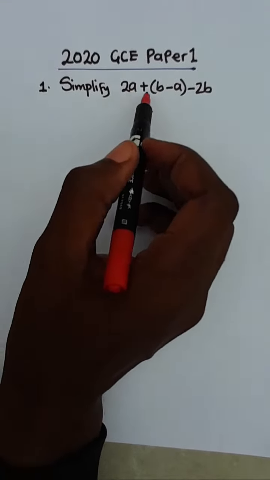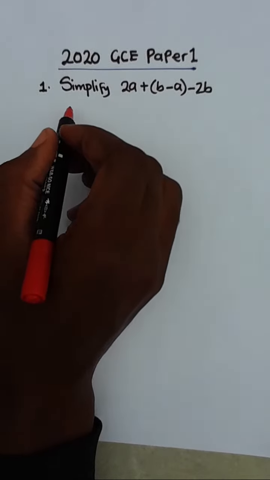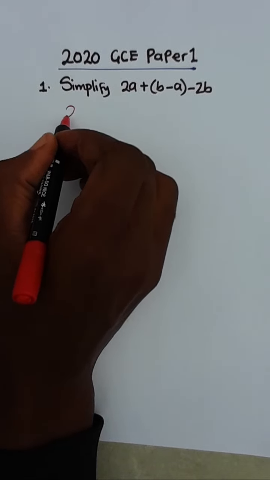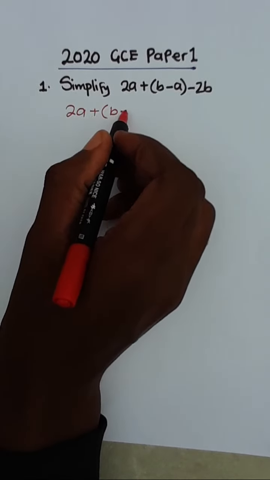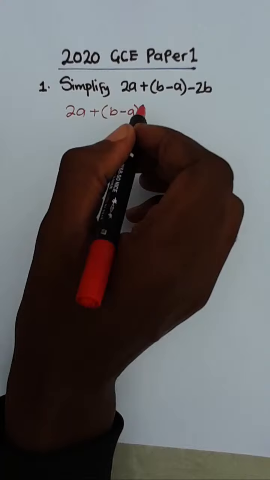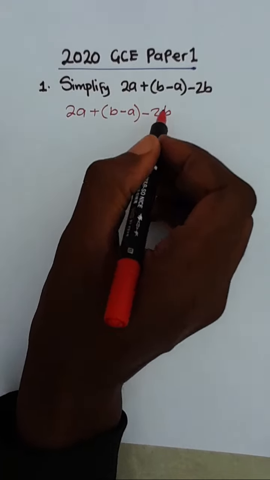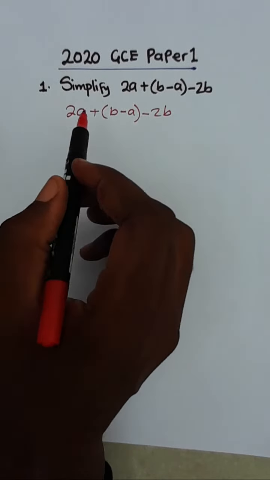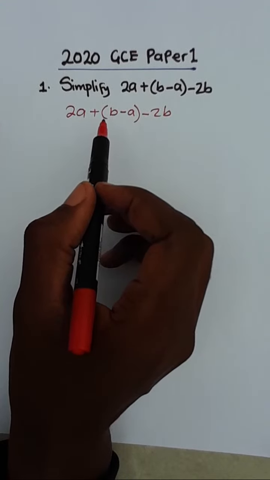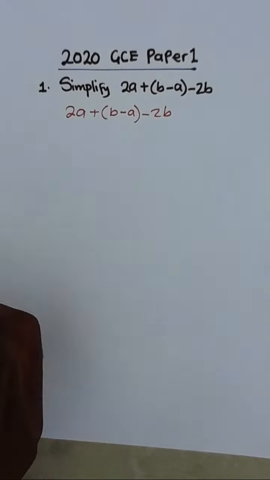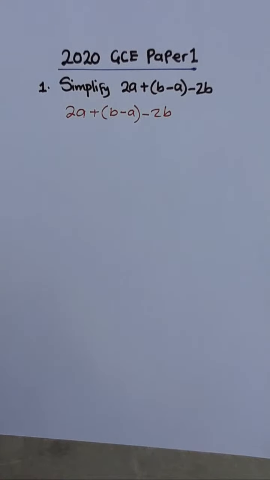So let's just rewrite this expression. The expression is 2a plus b minus a minus 2b. This expression is looking so big, so they want us to reduce it. That's what they mean when they say simplify.